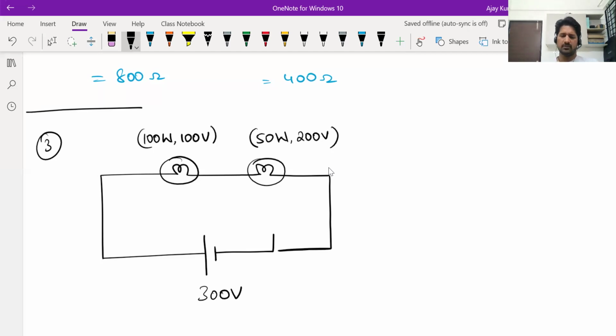Okay, initially the switch is open. So battery is still not driving current. Bulbs are still not glowing. I want you to comment on what happens immediately after the switch is closed.